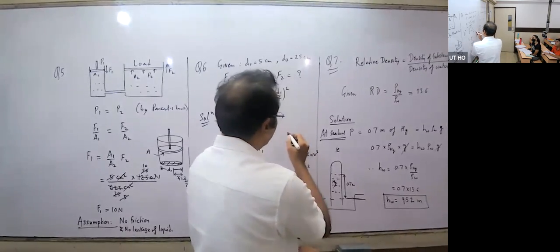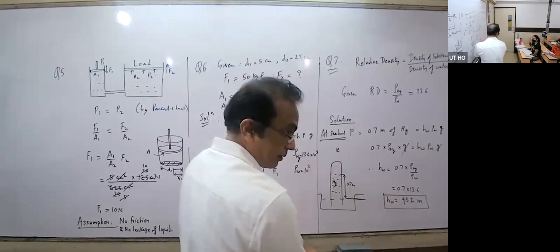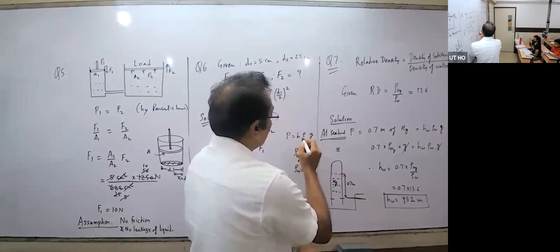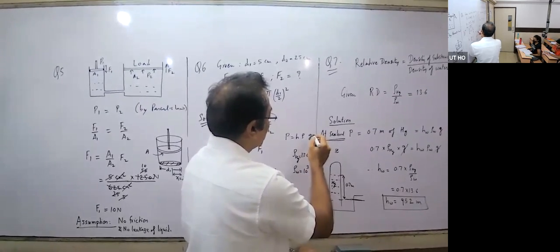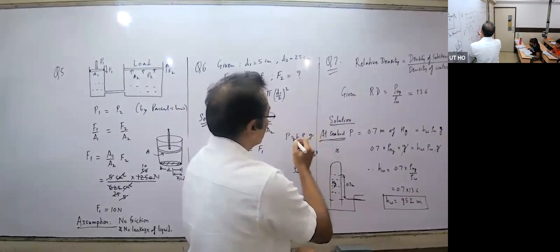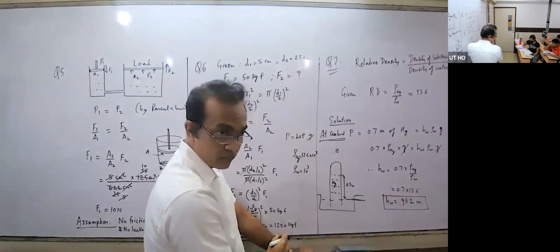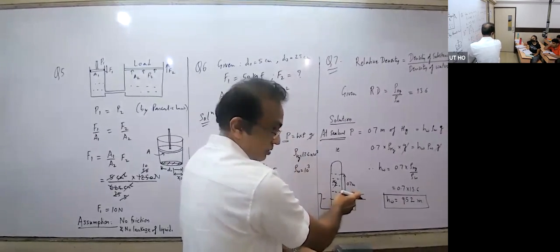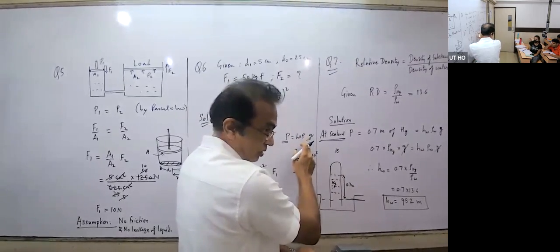What is pressure? H rho g. So if we keep g constant, pressure will be equal to the product of height into density. This pressure is the same whether we use mercury or water.